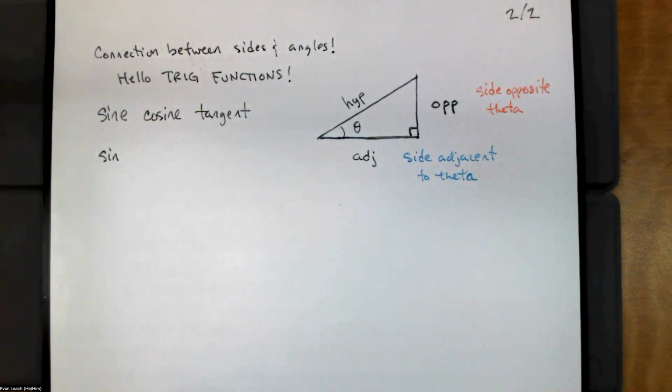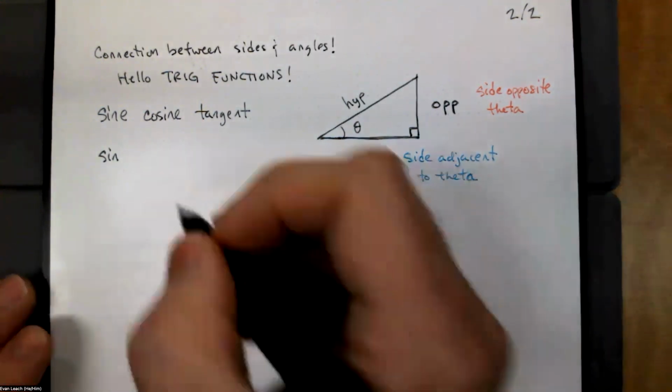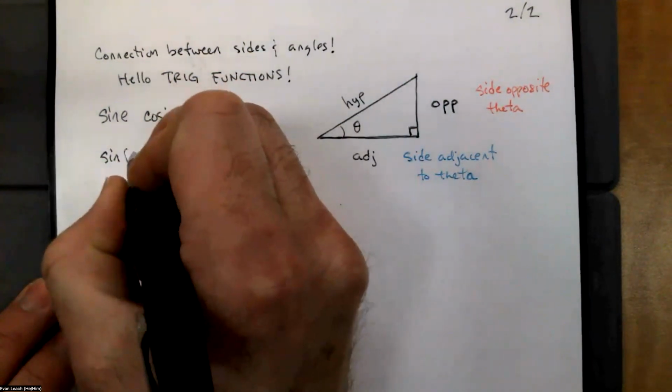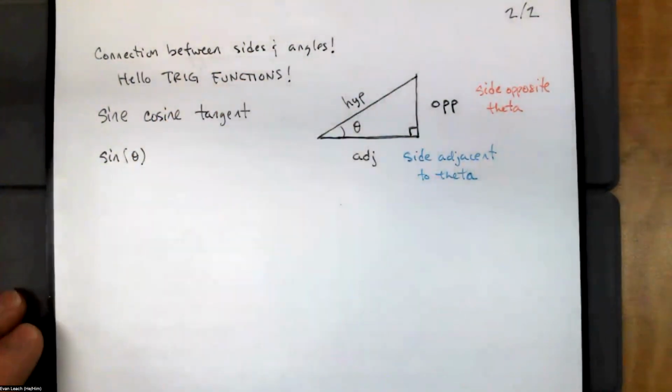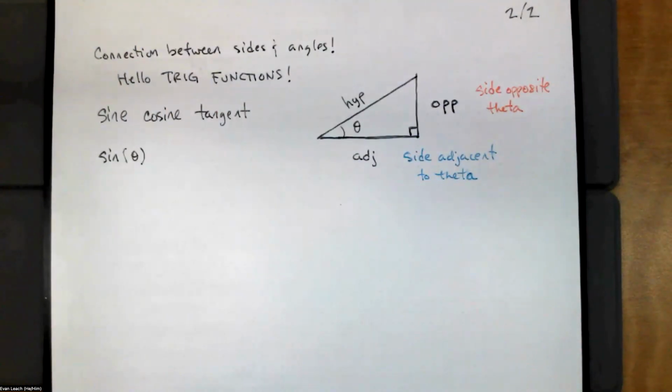When we talk about sine, you have to say sine of an angle. We can't just say sine all on its own. So we're going to say sine of theta. Because we're writing, we're going to put our theta, the argument of the trig function, in parentheses. We're going to use grouping symbols because this is a good habit to get into, because order of operations is eventually going to show up.